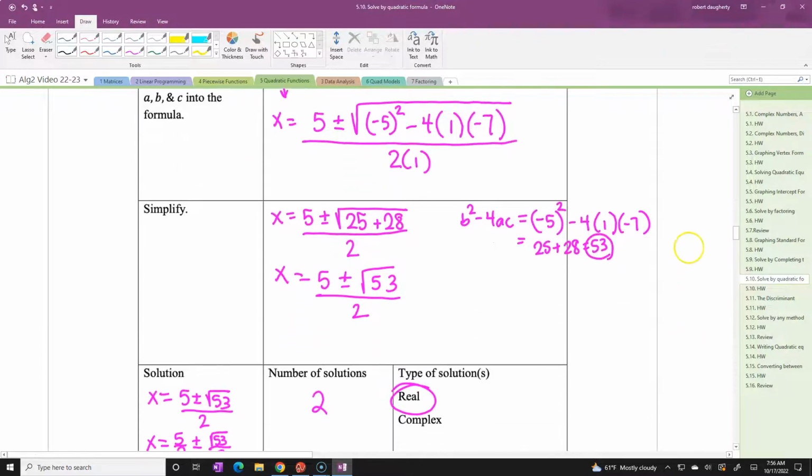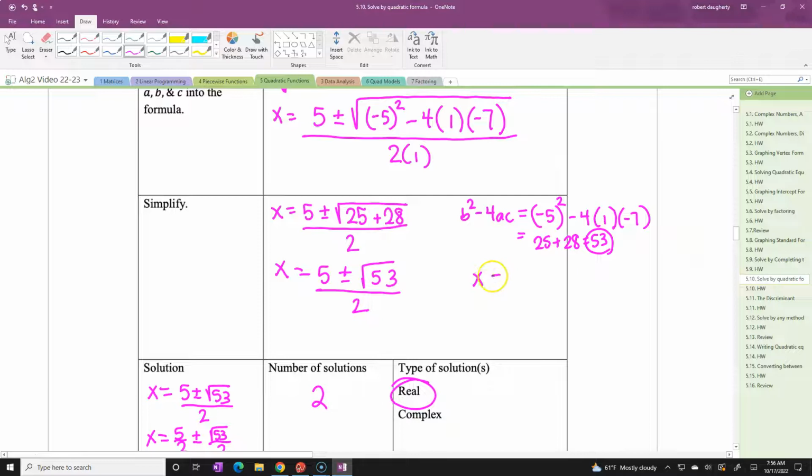So then what people would do is say, okay, I can write x is equal to negative b plus or minus the square root of 53 over 2a. It's the same amount of work, but it breaks it into two steps. So this is x equal negative b is going to be 5 plus or minus the square root of 53 over 2.